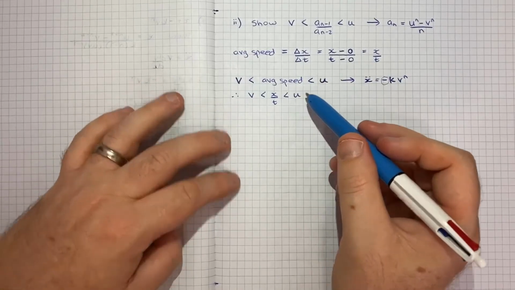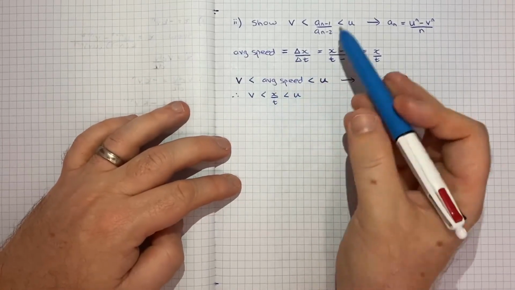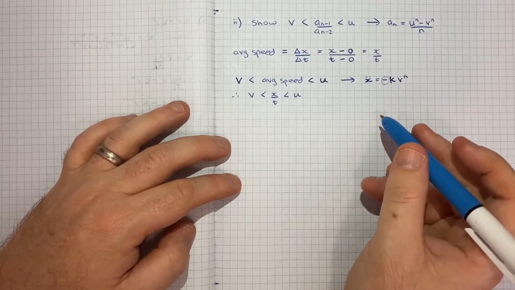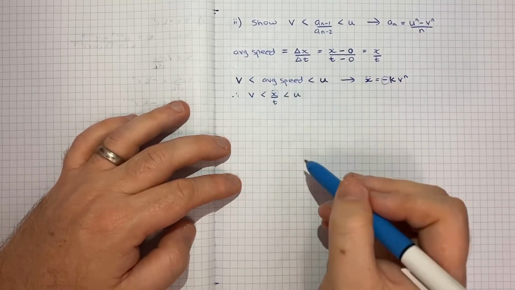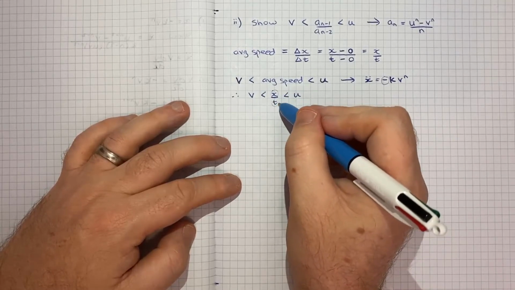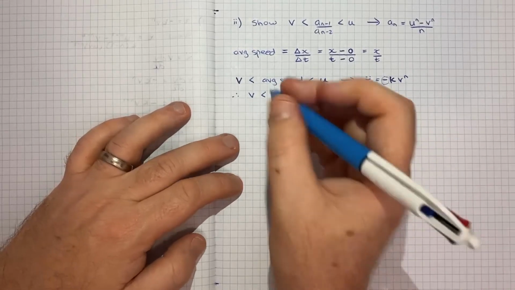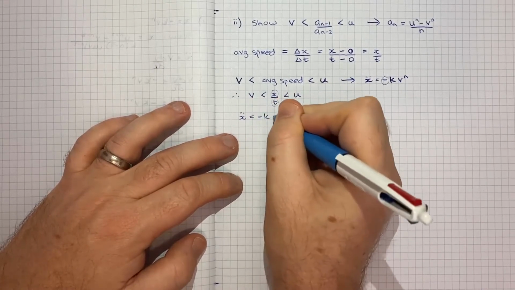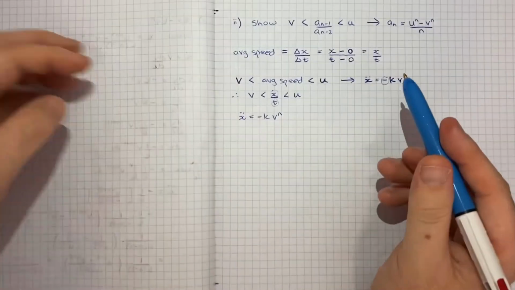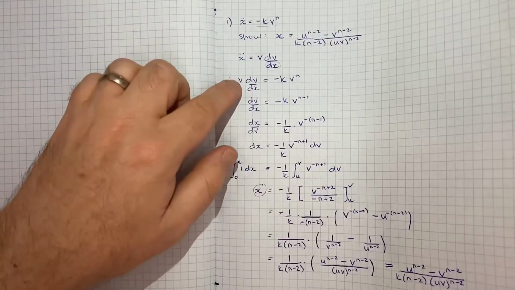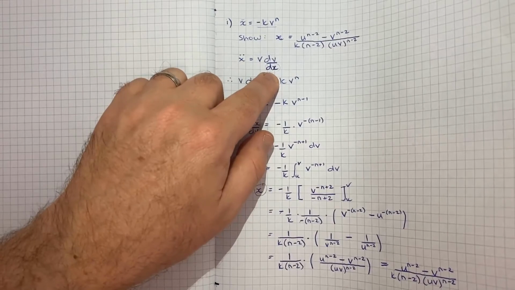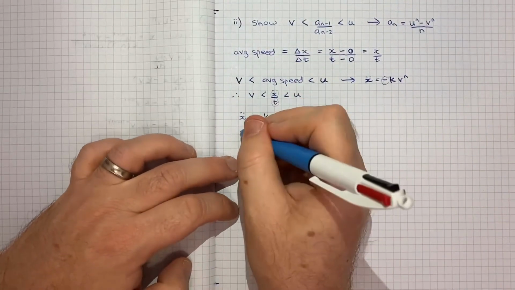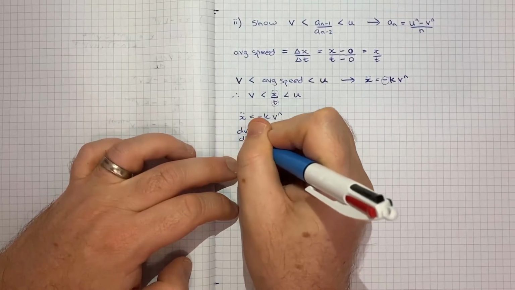So if we can find some result for x on t that can get into this format, then we're going to have our result. Now, we just found x in part 1, so really all we need to do now is find t. And again, if we start from the point x double dot equals negative kv^n, where in part 1 we had to use this result to find x, part 2 is actually a little more straightforward, because x double dot is by definition dv/dt.